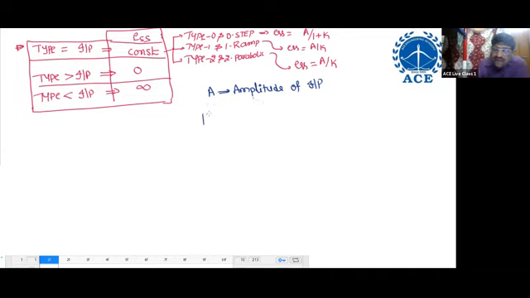K equal to numerator constant by denominator constant, where not in closed loop transfer function, but in G of S when H of S equal to 1.